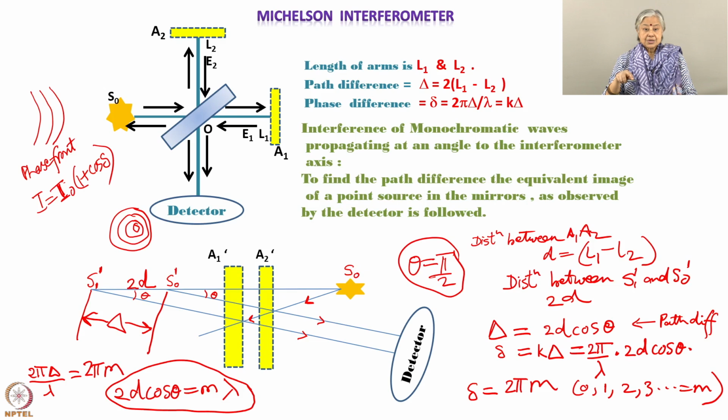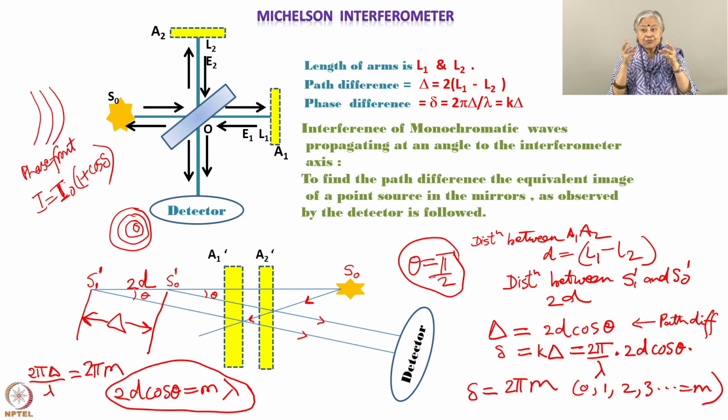So, what I want to say is that if you have an ordinary source and it is monochromatic, then you will definitely get this fringe pattern. But ordinary sources are not always monochromatic. Are they monochromatic? No. So, you have to make them monochromatic.